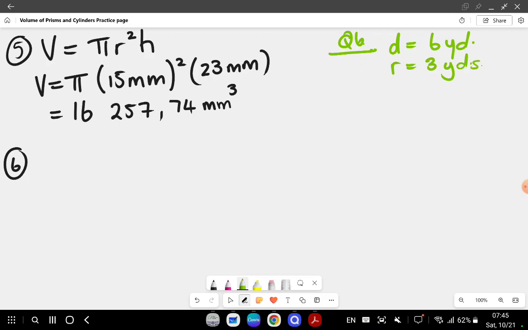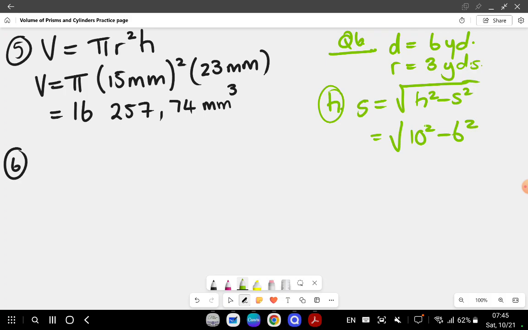Second thing, we need to have the height. Now, the height is going to be part of this triangle. We're going to use Pythagoras. So we're going to say side is equal to the square root of hypotenuse squared minus side squared. And that is equal to the square root of 10 squared minus 6 squared.